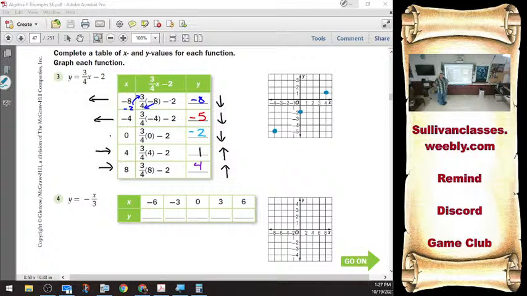But do I have enough points to see where my line is going? Yes. In fact, this is something that should have been kind of pounded into your head last year. You should have at least 3 points when you're making your lines. 2 points technically is all you need to make the line, but if one of them's wrong, the whole line is wrong.